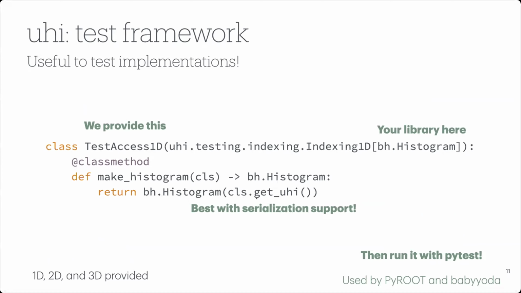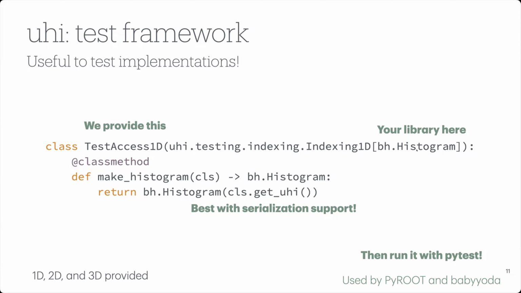You have the various values. As long as make histogram does return a histogram with the correct properties, the correct number of bins and things like that, then this will run several dozen tests on your histogram.